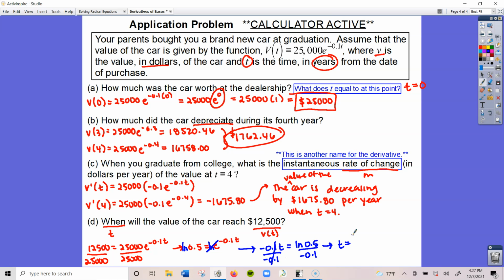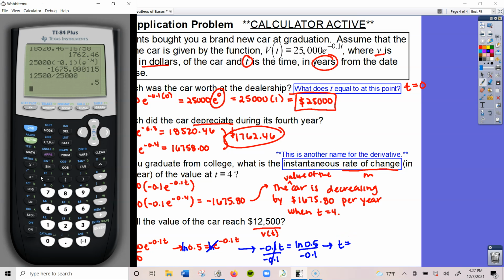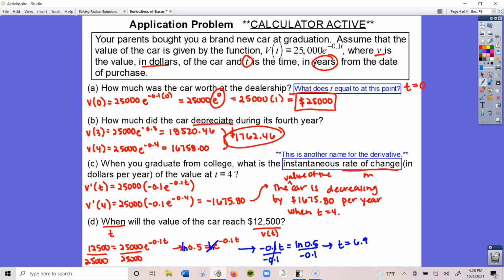So we're going to go ahead and put that into the calculator. We have the ln of 0.5 divided by negative 0.1. And we get 6.9314. This is in years.